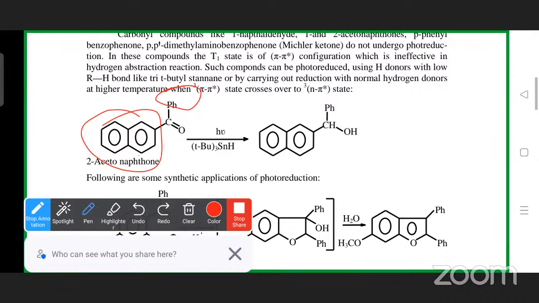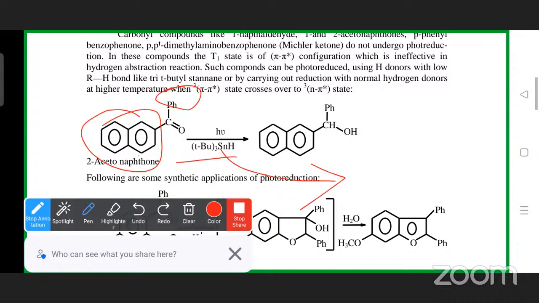That's why in that case, we use tertiary butyl tin hydride. It has a low IP value, that is, a low ionization potential.